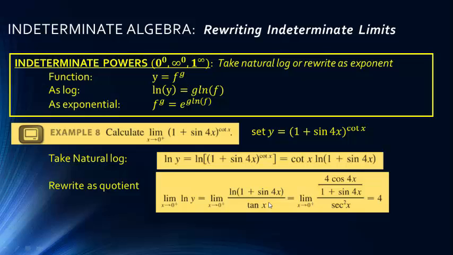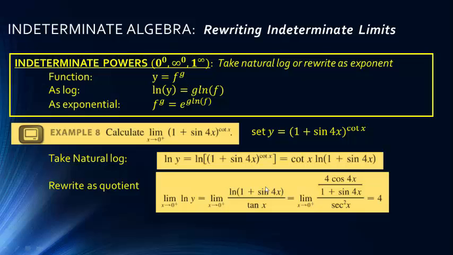If I take the derivative of the numerator, I get this. Remember, this is 1 over the argument, 1 plus sine 4x, times the derivative of the argument, which gives me the derivative of sine, cosine 4x, and then the derivative of the inside, 4x, is 4. So be careful here, this gets a little bit complicated.